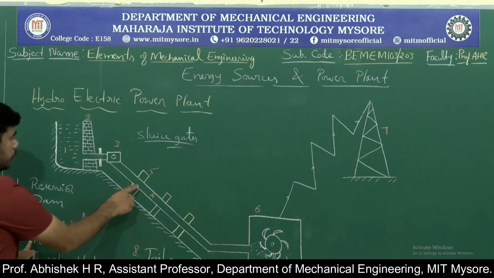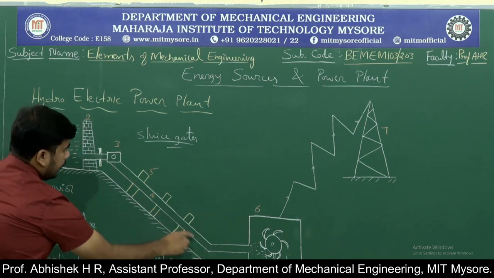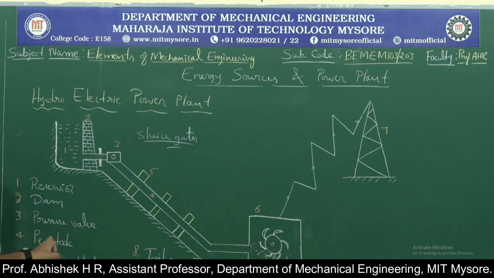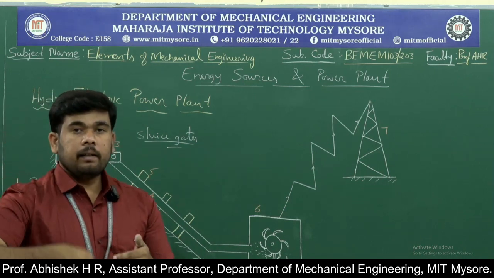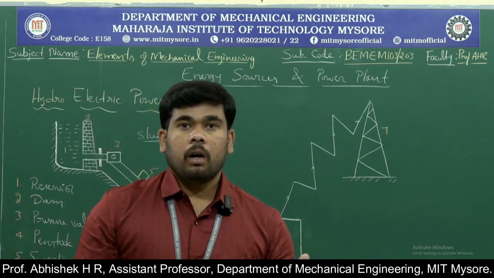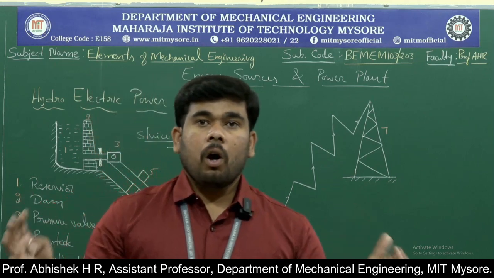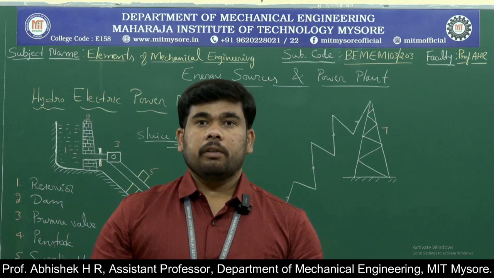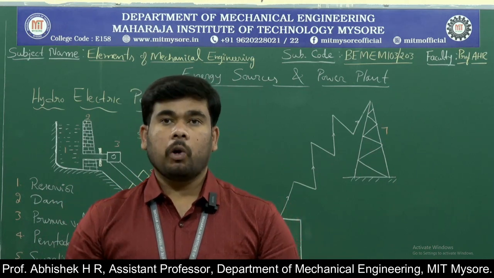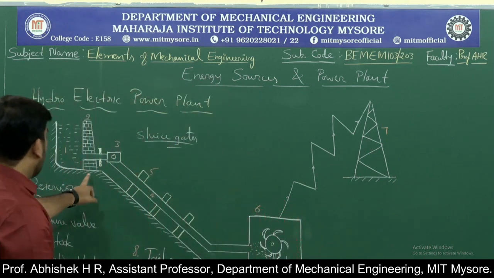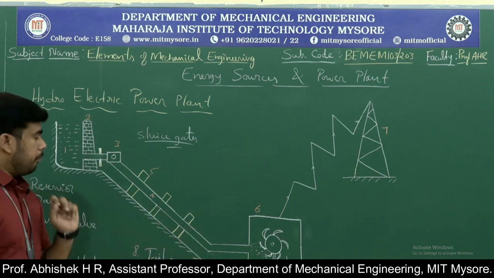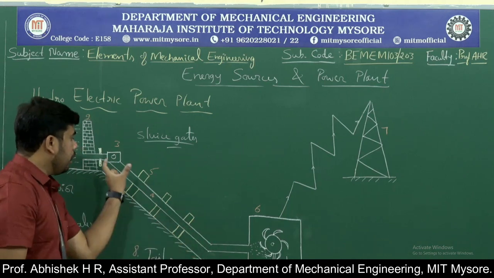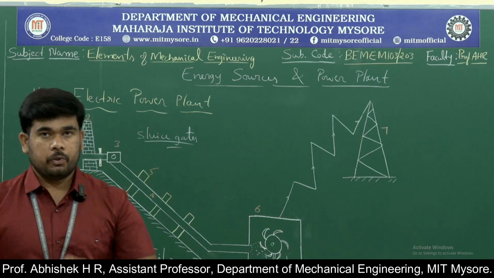Then next we have the fourth one, this channel, that is the penstock. This is a cylindrical concrete object, and through this we supply the water from the higher place to the lower place. This cylindrical object we call a penstock.